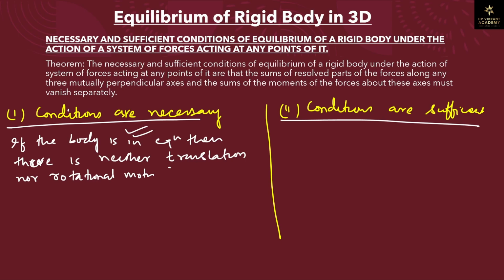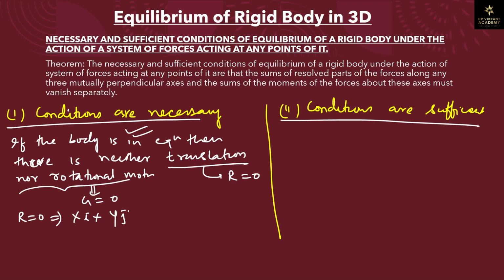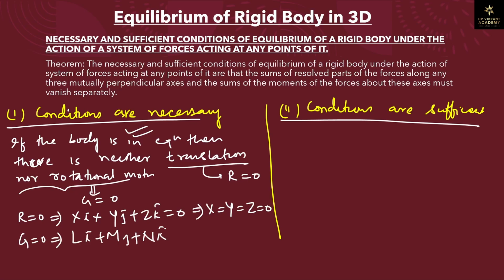Since there is no translation, this means R is equal to 0. Since there is no rotation, G is equal to 0. R is equal to 0 implies X I cap plus Y J cap plus Z K cap is equal to 0. This means X is equal to Y is equal to Z is equal to 0. Secondly, since there is no rotation, G is equal to 0. This implies L I cap plus M J cap plus N K cap is equal to 0, which implies L is equal to M is equal to N is equal to 0.